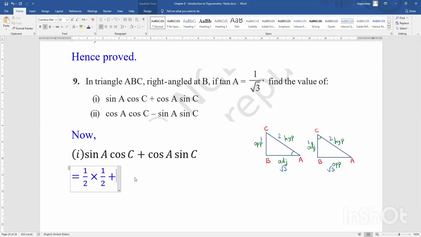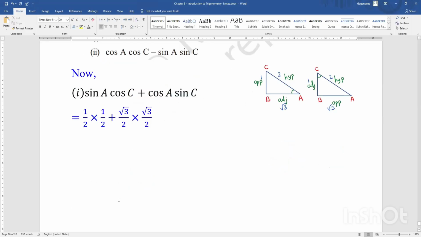Plus cos A. Cos A is adjacent by hypotenuse, root 3 by 2, into sin C. Looking at the second figure, sine is opposite by hypotenuse, root 3 by 2.